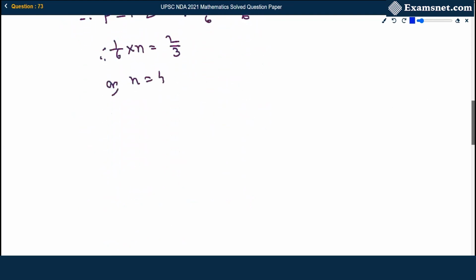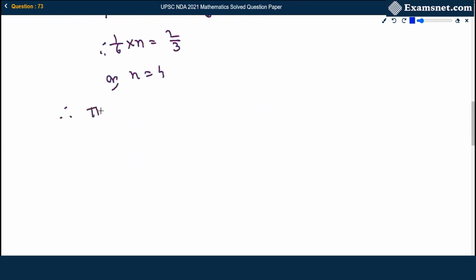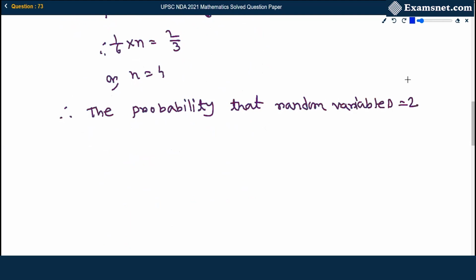Therefore, the probability that random variable D is 2, we can find with the formula NC2 P square Q to the power N minus 2.